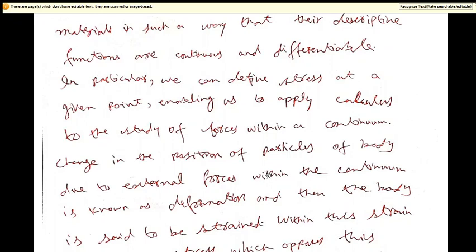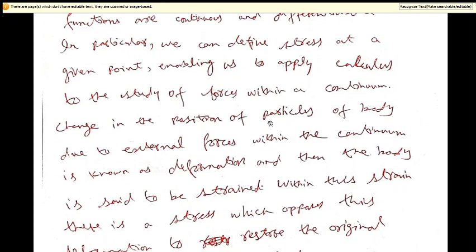If you have a particle P with a certain position, then when you apply the force, the position of that particle will be changed from the given position to some other position within the continuum. If this happens, then we say that deformation occurs.